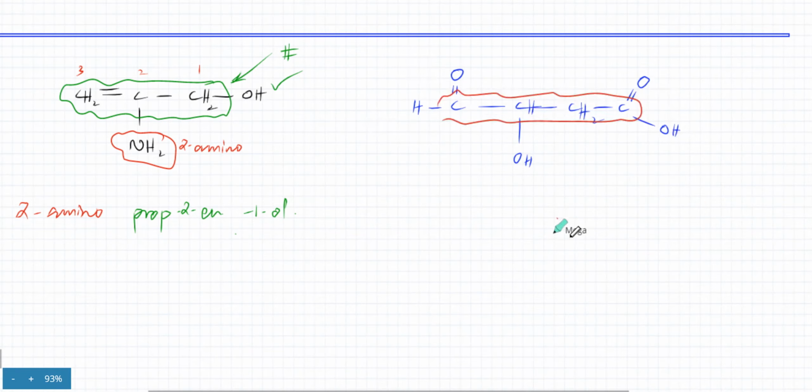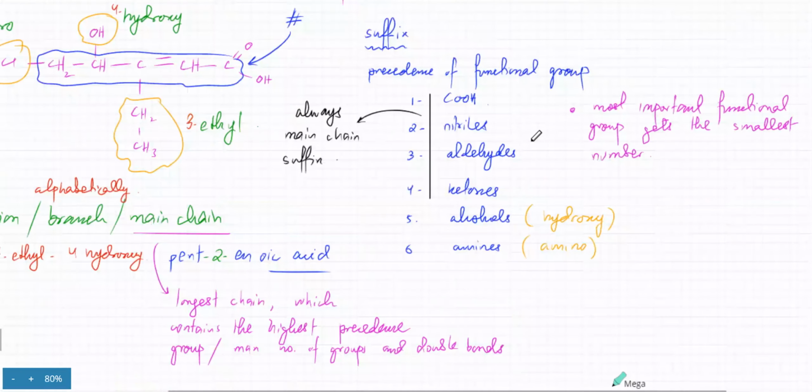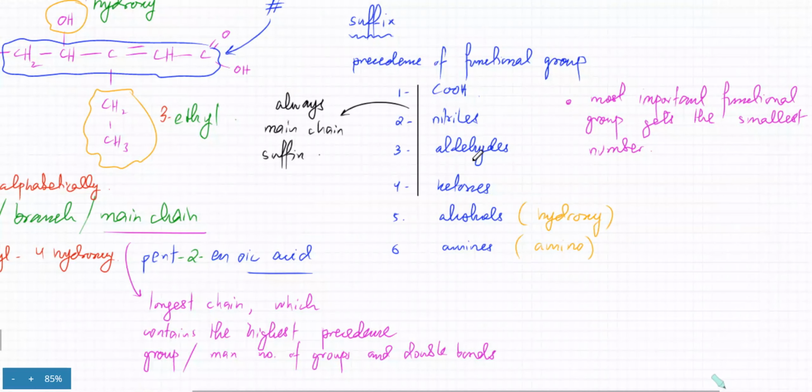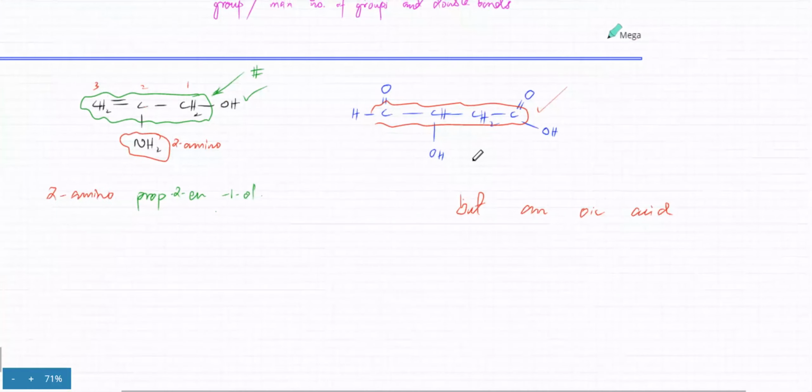It's going to be butanoic acid, since carboxylic acid is the highest precedence group. At the top you have the CHO group, and aldehydes are less important compared to carboxylic acid, so the molecule would be called butanoic acid. There is no double bond, so an would remain an. This side would be position number 1.